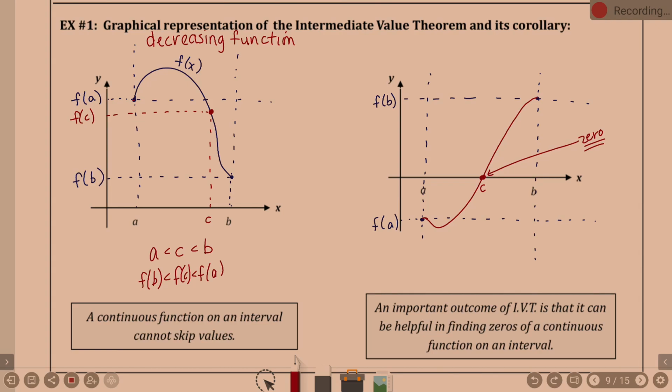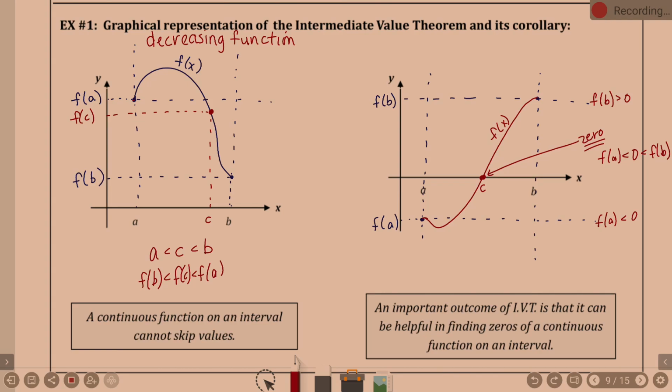So let's see, what have I not labeled? This is my function f of x. Notice in this, f of b was positive. F of a was negative. And so with that in mind, 0 falls between those. So the idea that f of a is less than 0 is less than f of b.